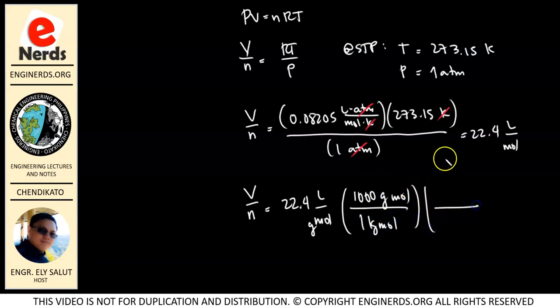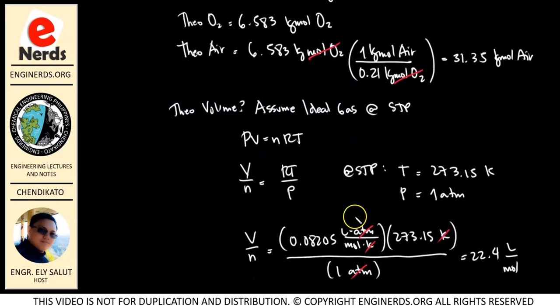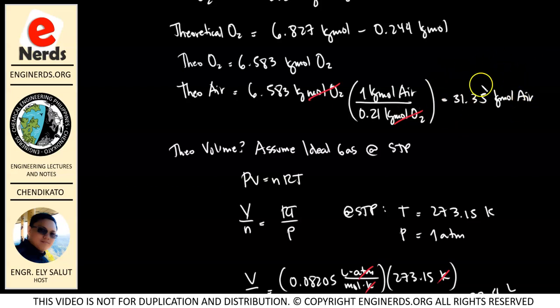Then, we have 1,000 liters per 1 cubic meters, no? So, yung mga units natin magka-cancel out lang actually. Okay? And then, liters. So, ang ating 1,000 will be cancelled out. So, pareho lang actually yung value natin. So, our molar volume is equal to 22.4 cubic meters per kilogram mole. Okay? So, yan ang gagamitin natin to convert itong theoretical air natin.